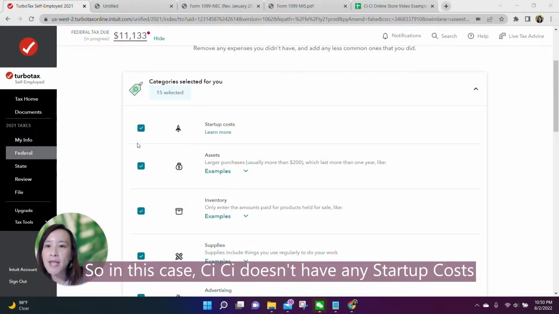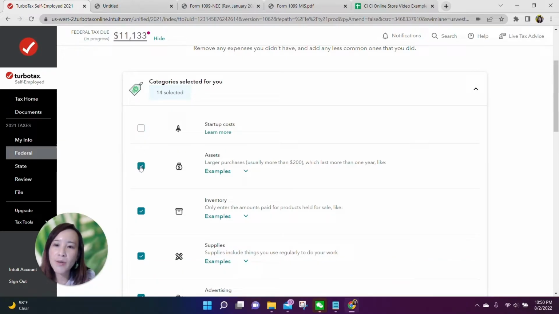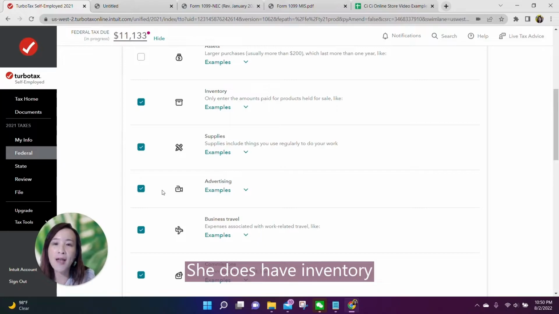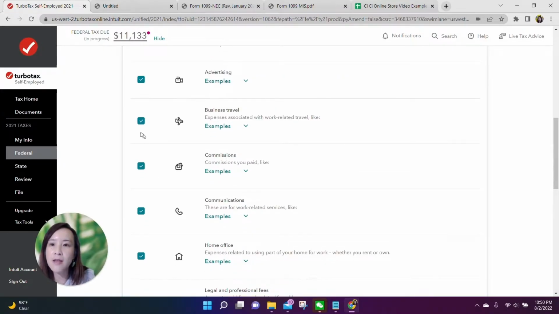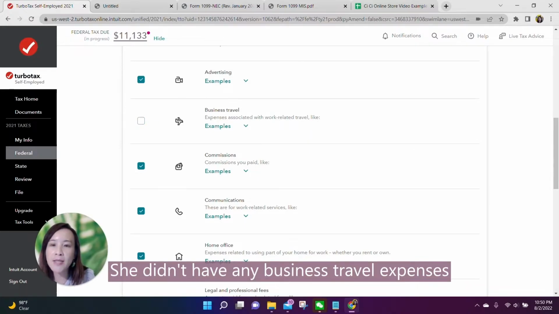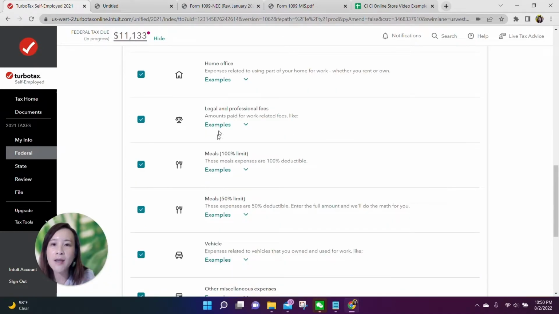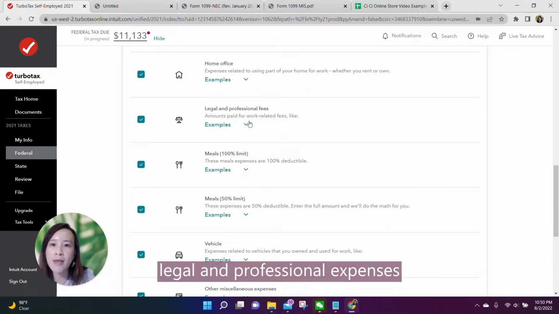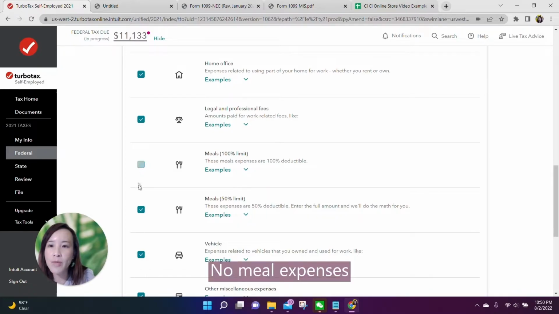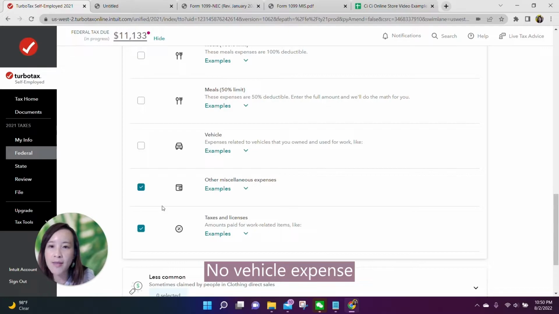So in this case here, CC doesn't have any startup cost, no assets. She does have inventory. She has supplies, advertising. She didn't have any business travel expenses. She has commissions, communications, home office, legal and professional expense, no meals expense, no vehicle expense.